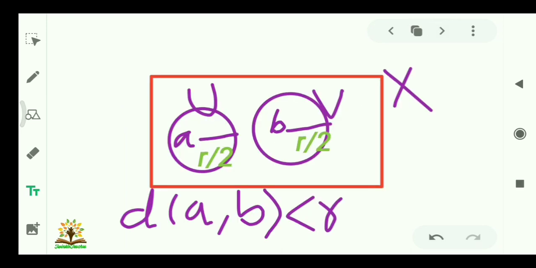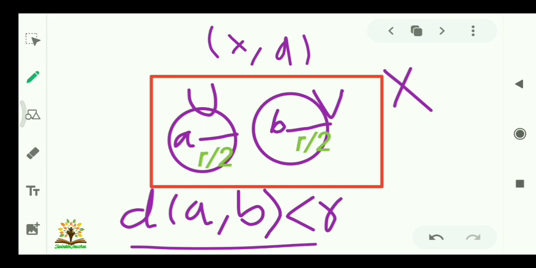Let we have a set X and A and B are points from the set X. U and V are the open balls of this metric space (X, d), with the property that d(A, B), that is the distance between the points A and B, is equal to R, and the radius of the open ball U is R by 2, and the radius of the open ball V is R by 2.